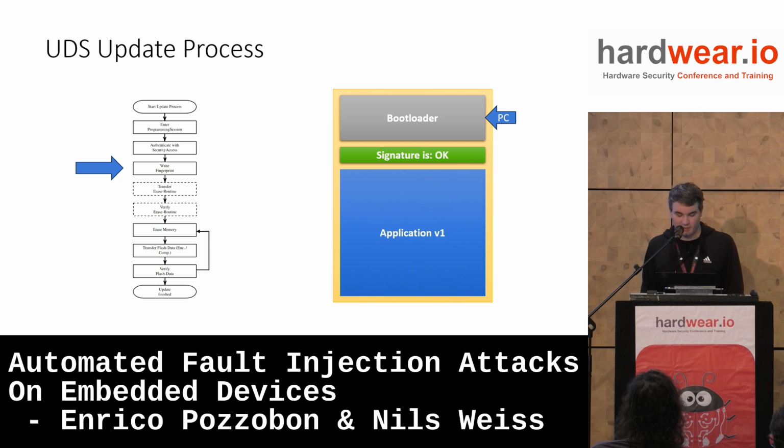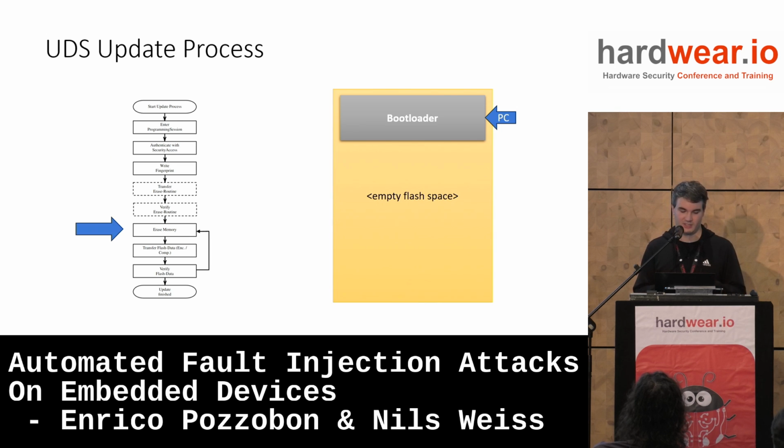After we obtain security access, there is a step called write fingerprint, where the repair shop writes its own fingerprint to tell who was the last person to flash the ECU. It doesn't really matter what you write there. The important next step is the erasing of the application from the ECU.